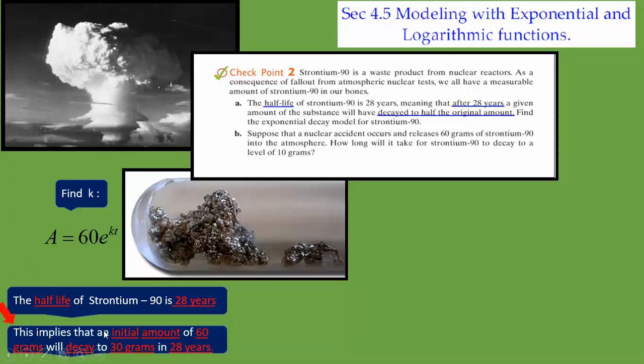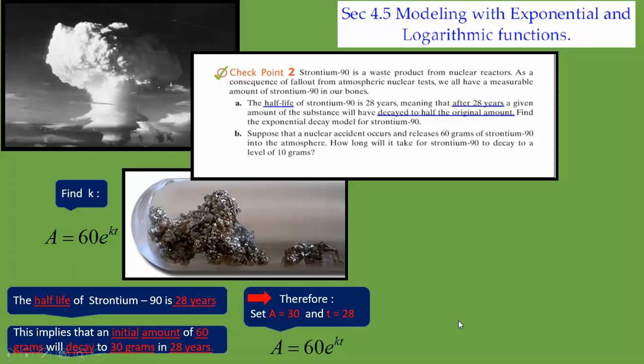So what this means is that if we had an initial amount of 60 grams of strontium-90, then we would have to wait 28 years for that 60 grams to decay to 30 grams. So what we're going to do is to use the information from the half-life to help us figure out the value of k.